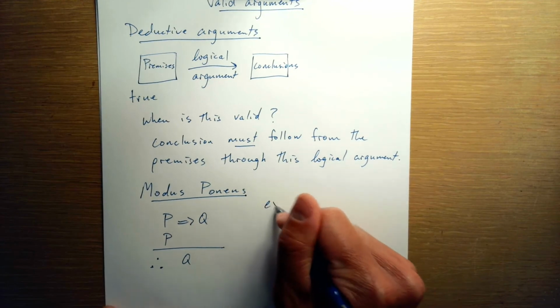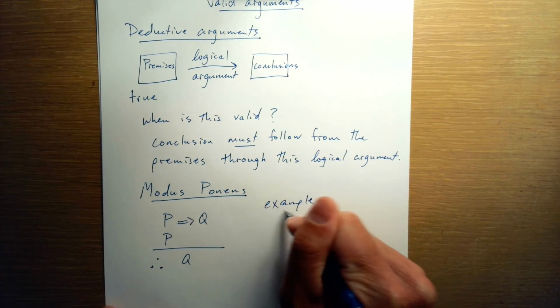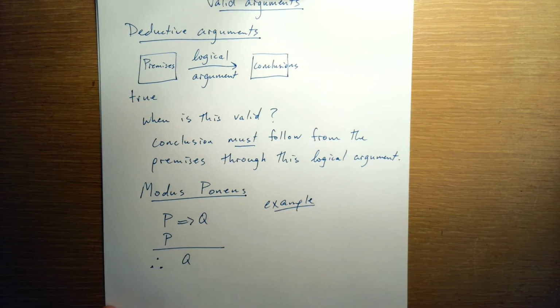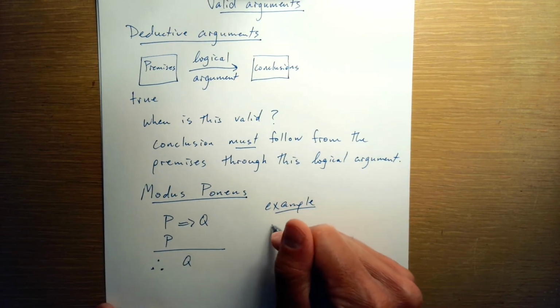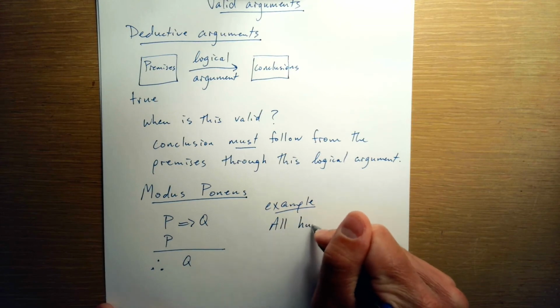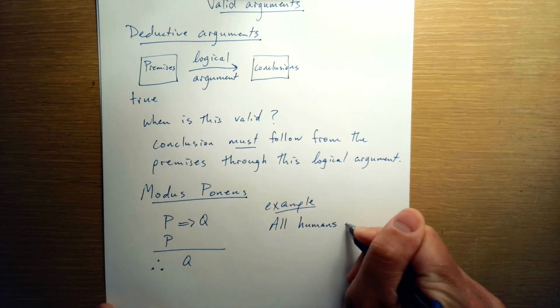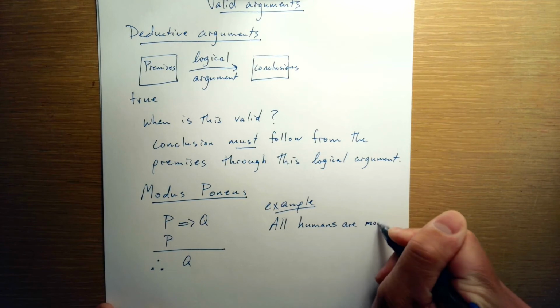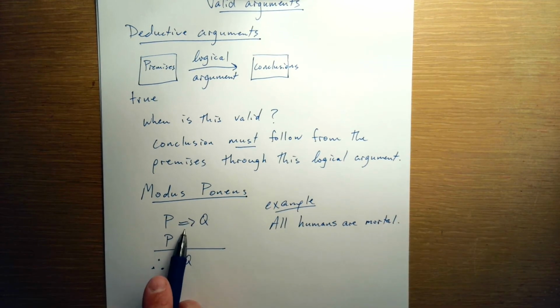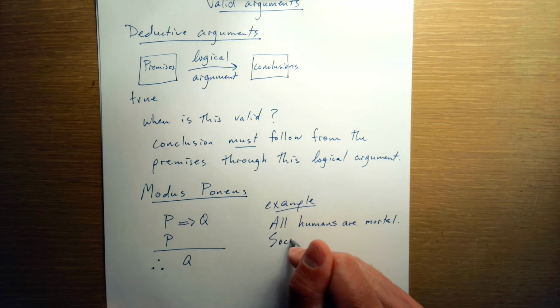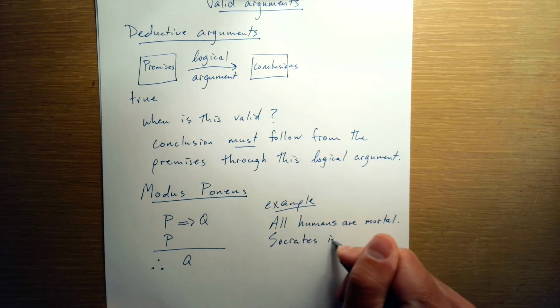And just for an example, let's take a look at what an argument may look like. So here again is an old argument that's been around for a while. All humans are mortal. This could be rephrased as an implication. We could just say, if something is a human, then it is mortal. Socrates is a human.